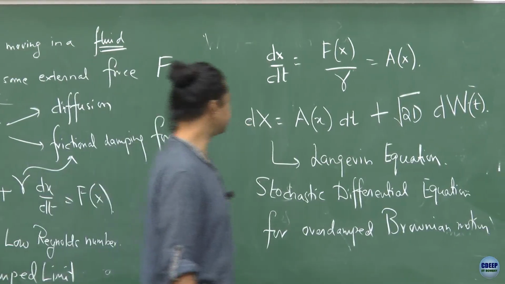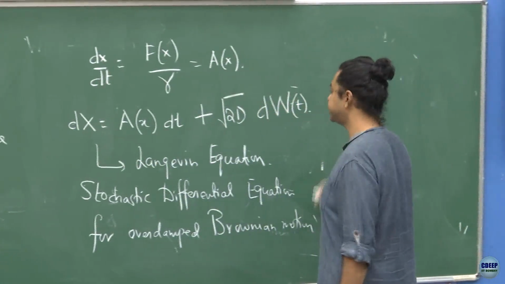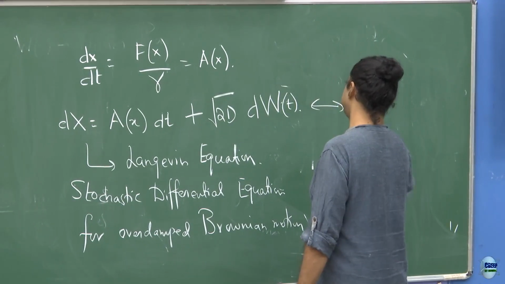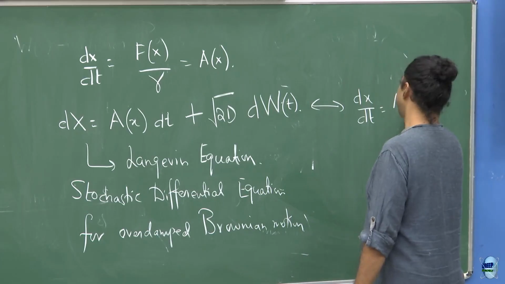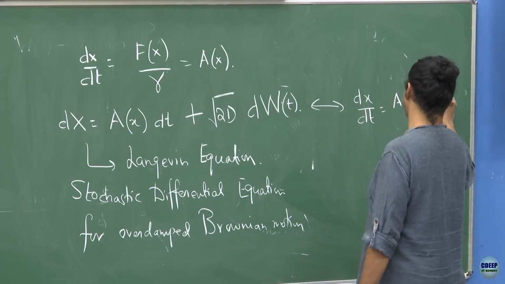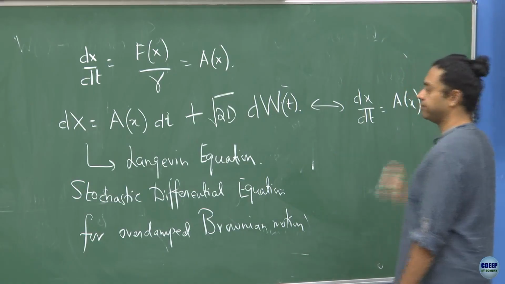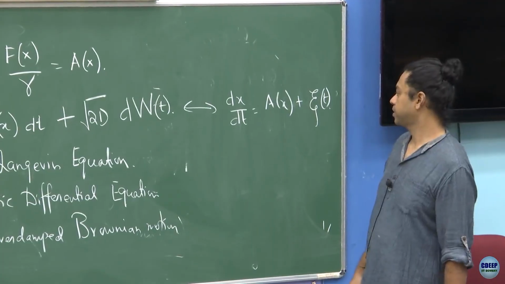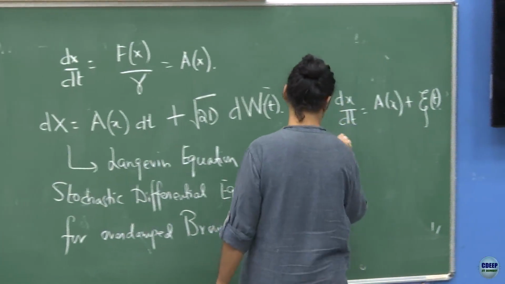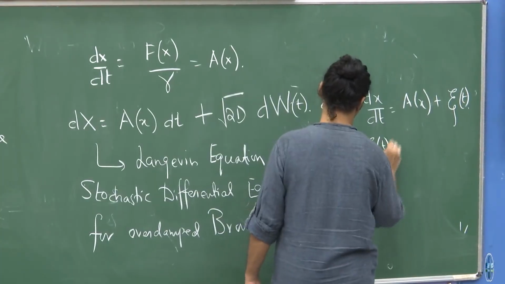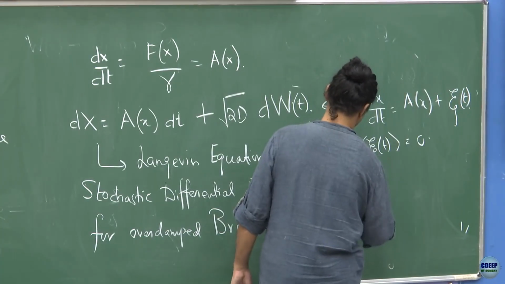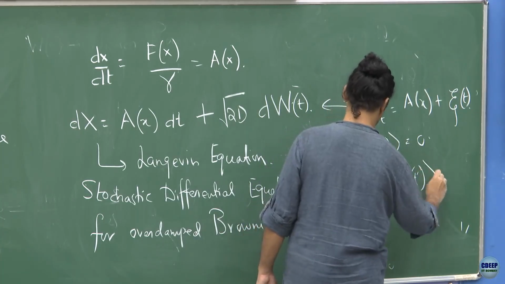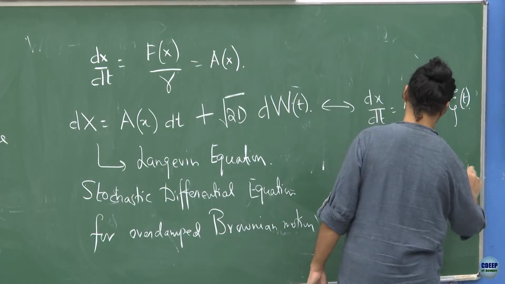Sometimes in the physics literature, we will write this as a differential equation actually. So, we will write this as a differential equation dx dt is a of x plus xi of t, right, where the xi of t has this property that the mean value of xi of t is 0 and the average of xi of t xi of t prime is delta of t minus t prime.